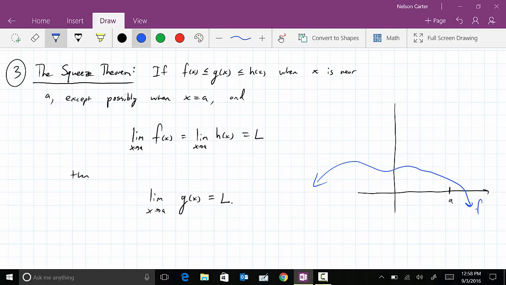So this is f, and I'm going to put a over here. And suppose you have some other function, h.